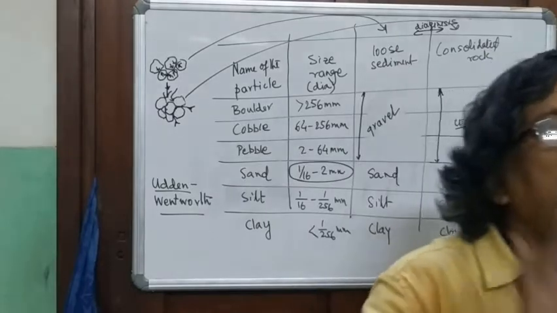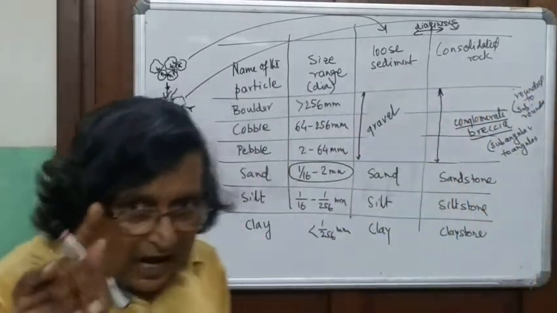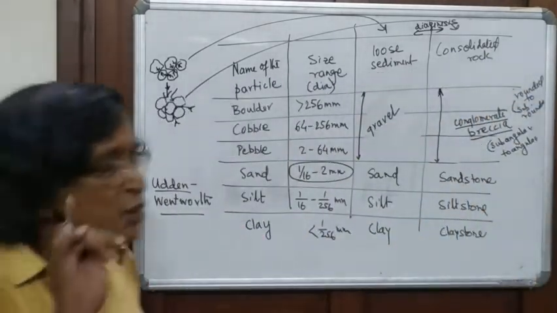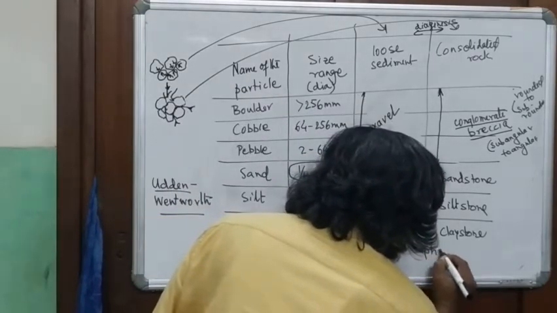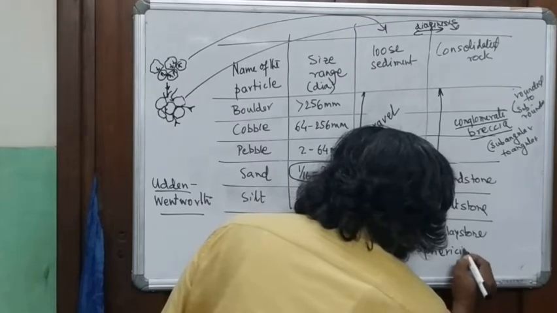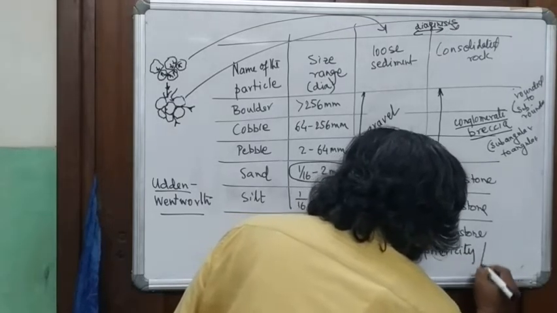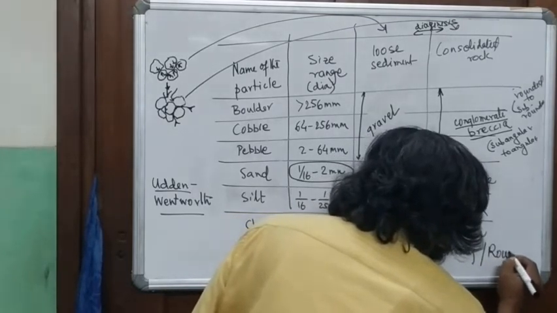Now, I will not go into details on this. I will ask you to read two aspects: sphericity and roundness. I will not explain this to you.